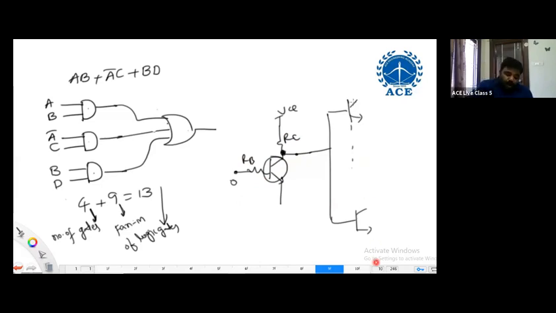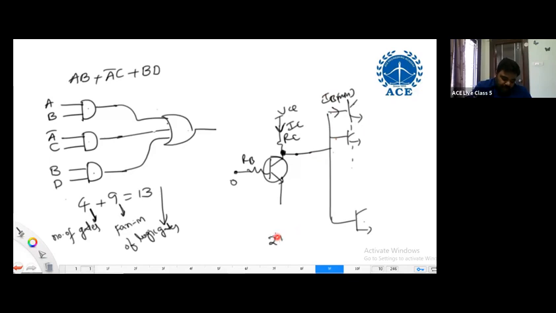That means all these transistors must be getting saturated. Am I right? That means whatever the current we are getting here when it is off, that must be sufficient to saturate all these transistors. What do you mean by this? If I say IB minimum is required to saturate these transistors, yes, IB minimum, IB minimum, IB minimum.